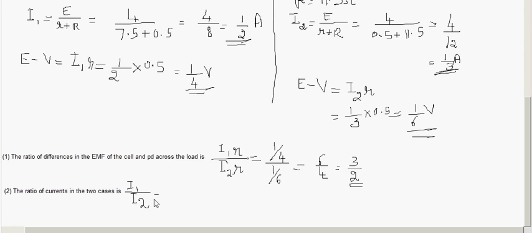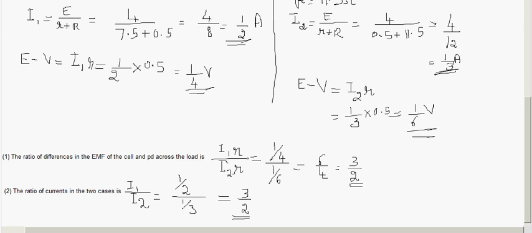I1 is half and I2 is 1 by 3. Half divided by 1 by 3 is equal to 3 by 2. Again no unit because it is the ratio of two currents.